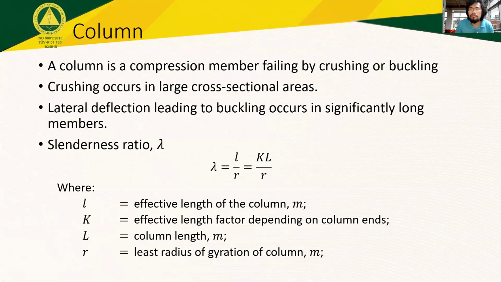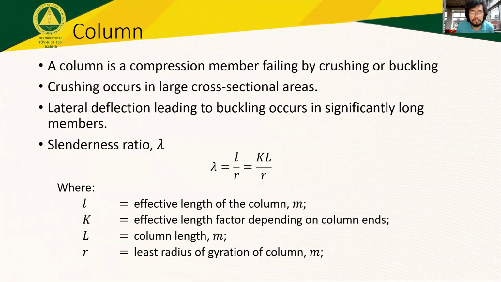So a column is actually a compression member that fails by crushing or buckling. And when buckling happens, it's for significantly long members or columns. Now, there is a certain factor that is considered in the degree of the longness.